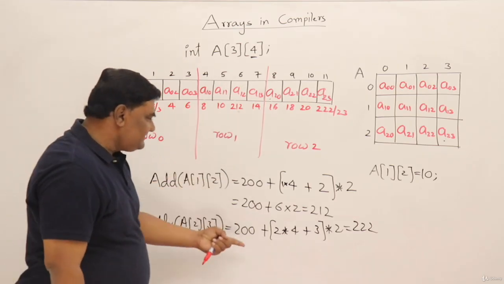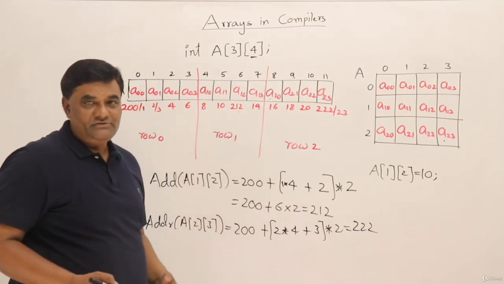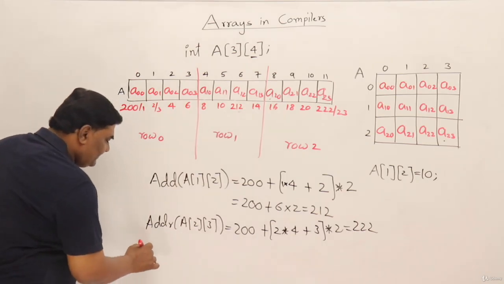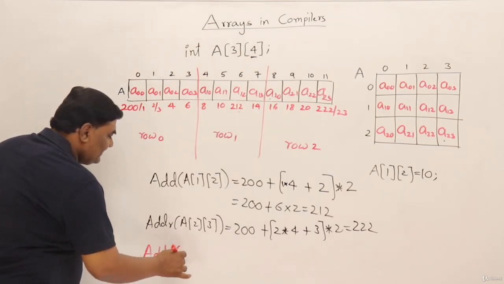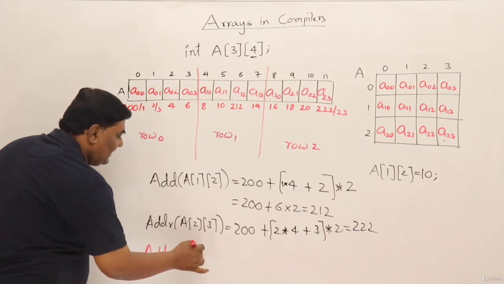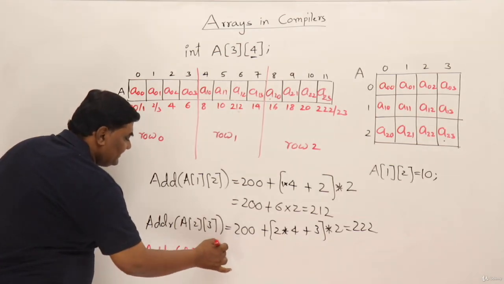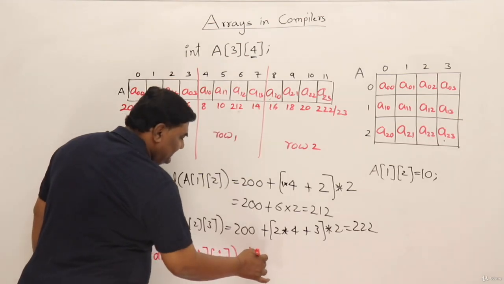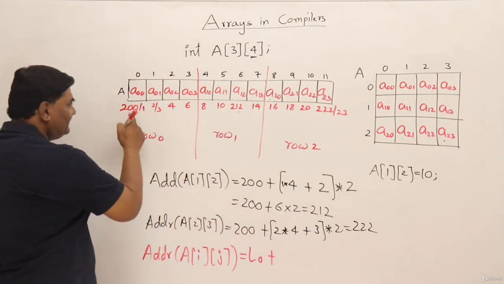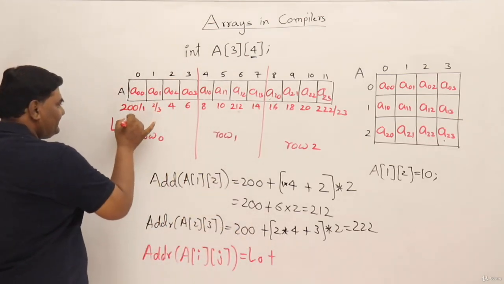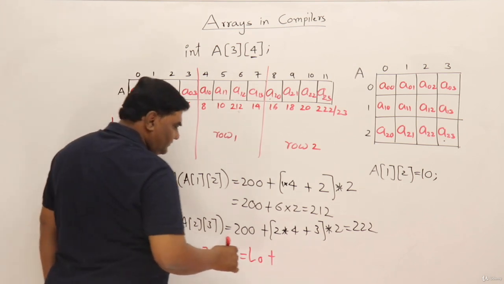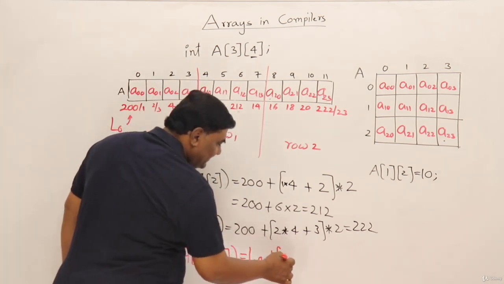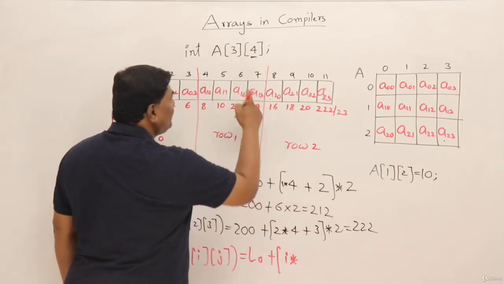Now from these two examples, we are in a position to write a formula for it. So the address of any index A of i, j, we take i and j for representing the indices. So this is L0 plus, where L0 is the starting address, that is the base address, location 0, plus i into the number of columns.